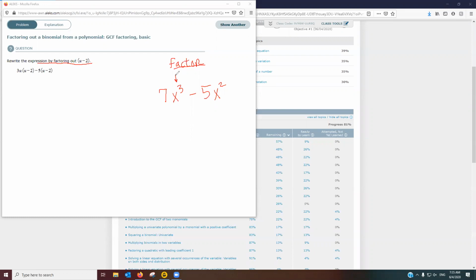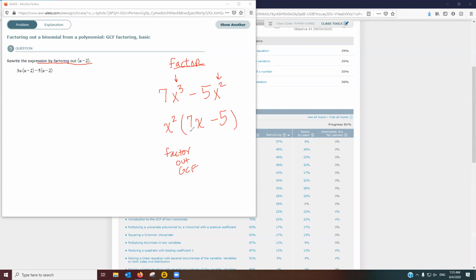So I'm noticing there's an x to the 3 and an x to the 2. Well, the smallest exponent is the x to the 2, so that means I can pull it out in front. And if I factor out an x to the 2, I'm going to be left with 7x minus 5. So notice we factored out here a greatest common factor.